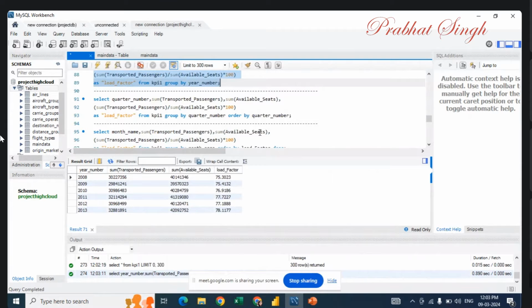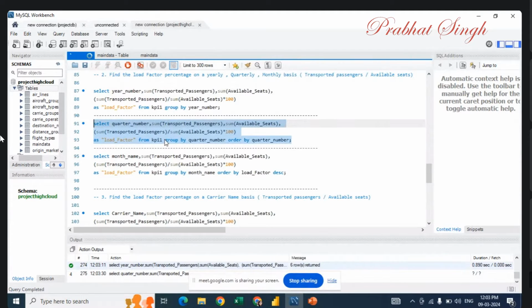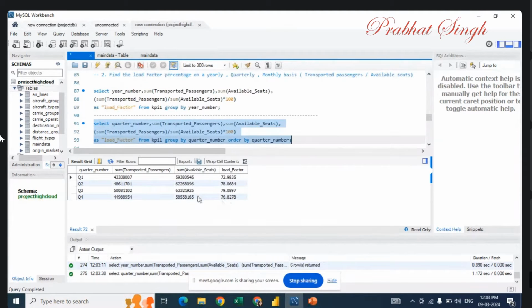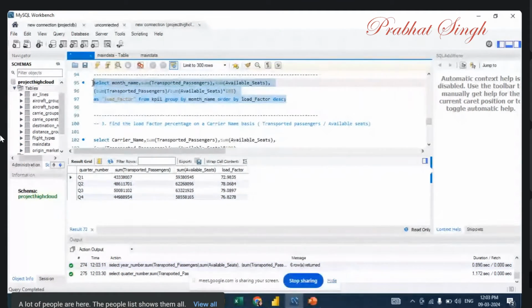This is accordingly the quarter number and month; quarter and month are taken. This is the quarter wise, and this is the month wise.